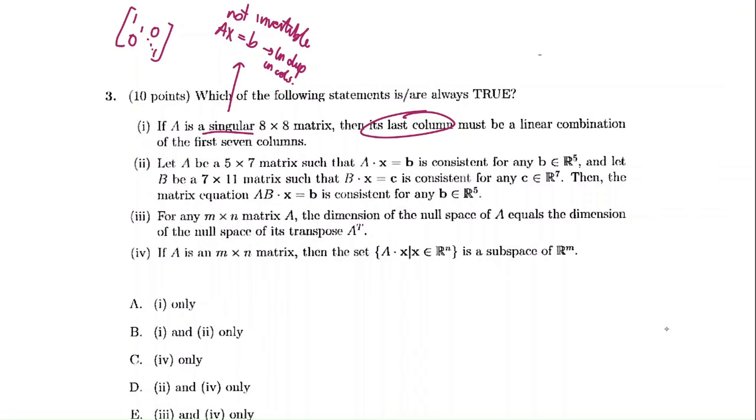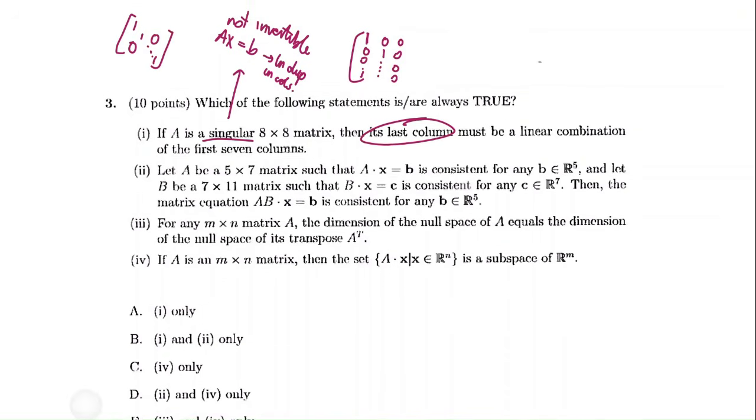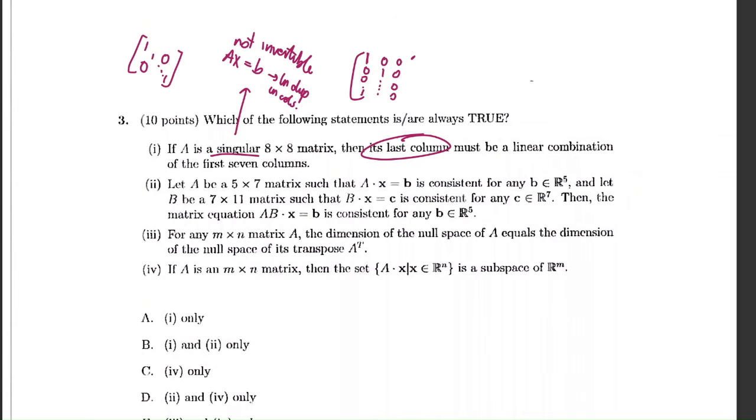And so one counterexample that you might come up with is maybe something like this, where you have 1 and then 0, 0, etc., and your other zeros. But then maybe you have a row of just zeros. And then say you have your last column being this.